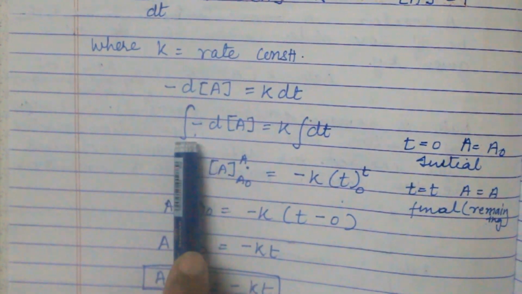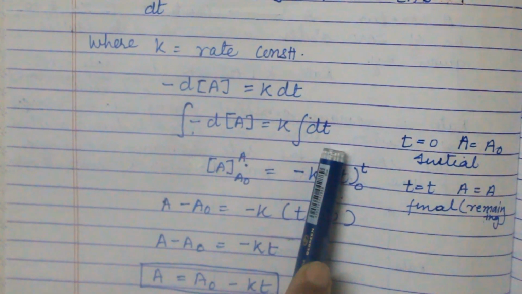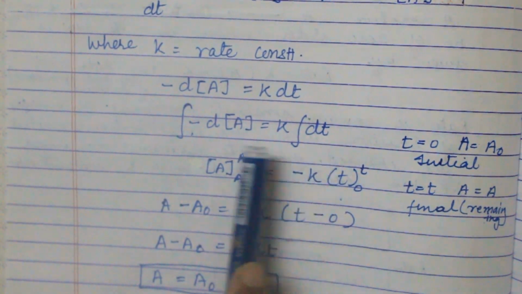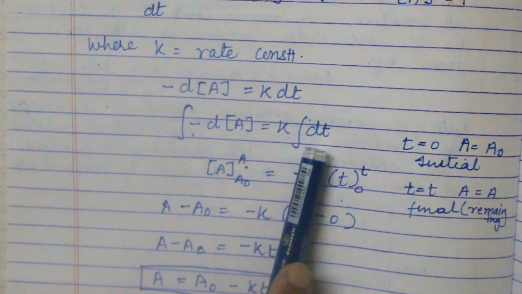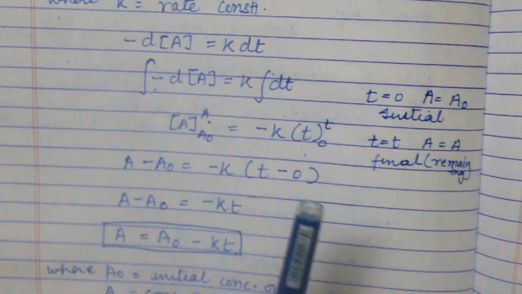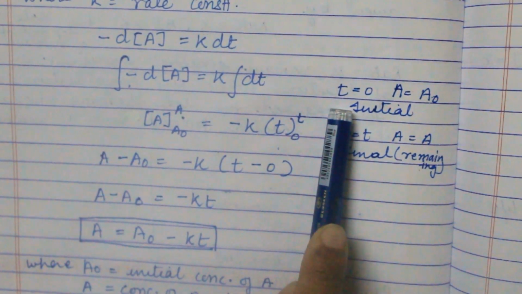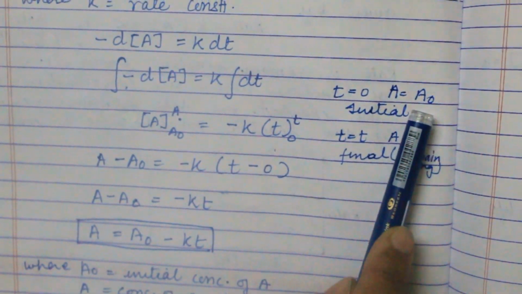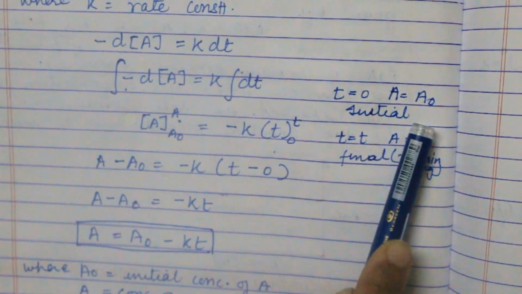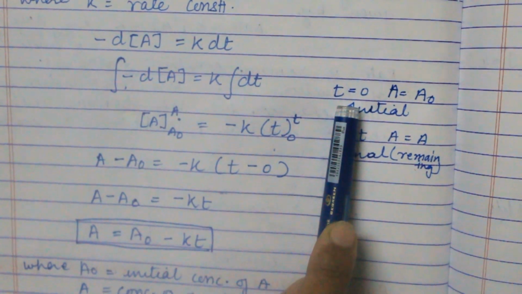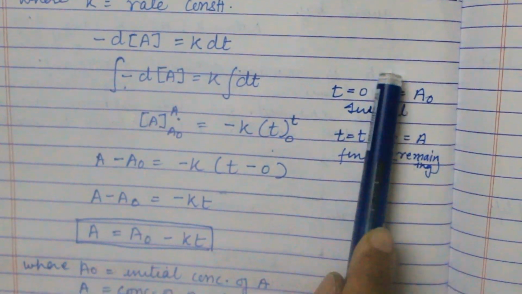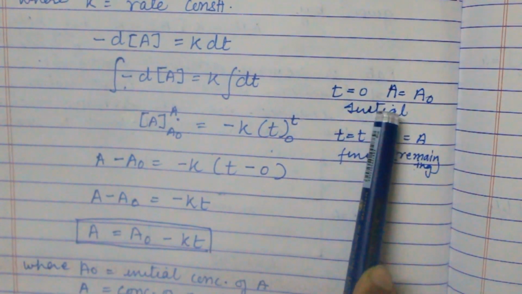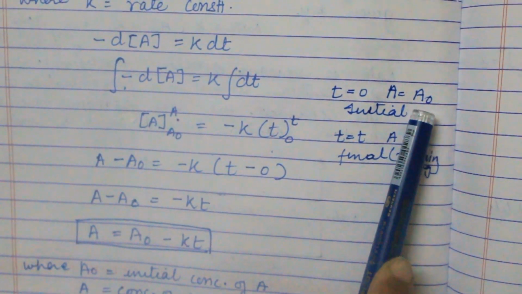If we integrate the whole equation, we get integration of minus dA equals k integration of dt. When time is 0, the concentration is A naught. This is the initial state, when the reaction has not started.